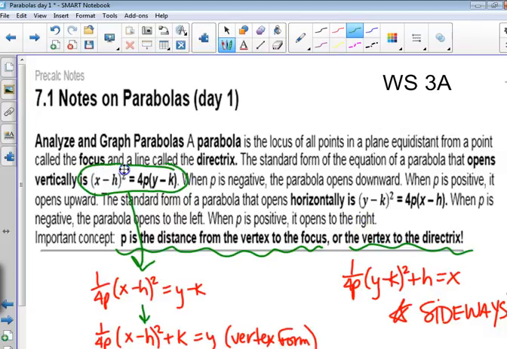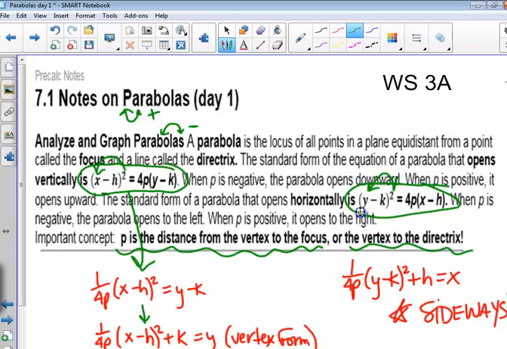When there's an x that is being squared, your parabola will open either up, if what's true? P has to be what kind of value, or A had to be what kind of value? Positive, or down if we had a negative P value or a negative A value. Okay. Where there's a y squared, not an x squared, we're going to have parabolas that open sideways.